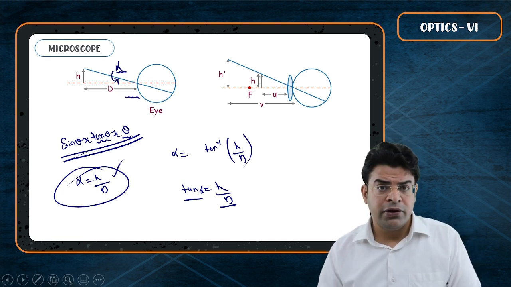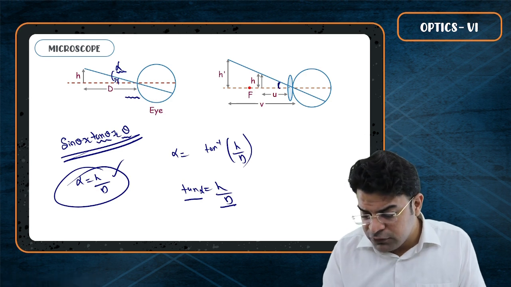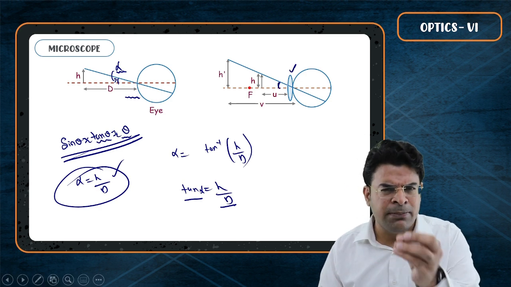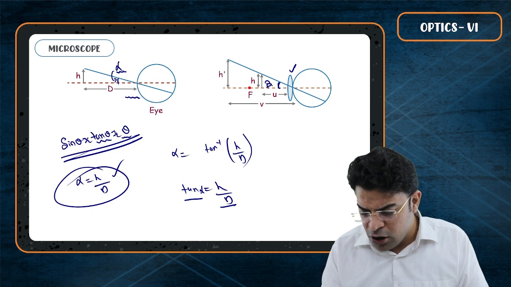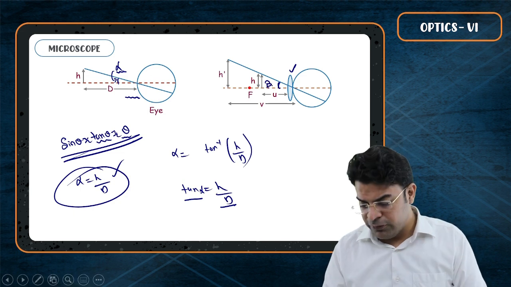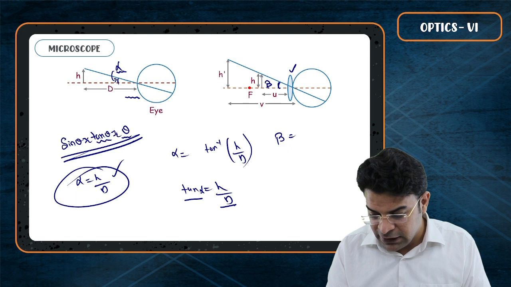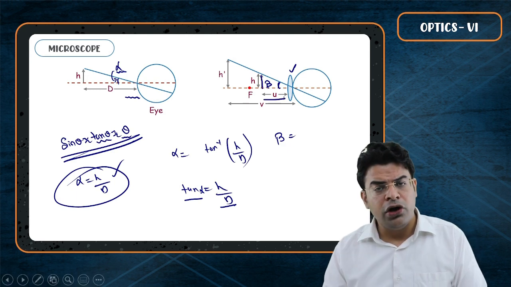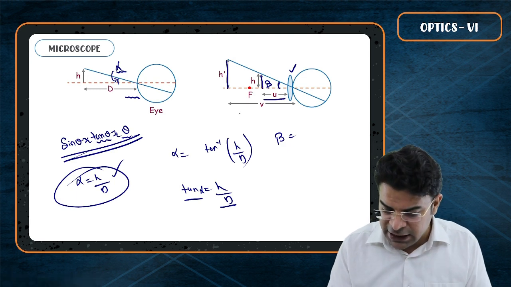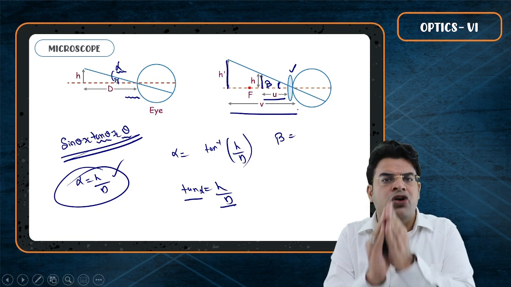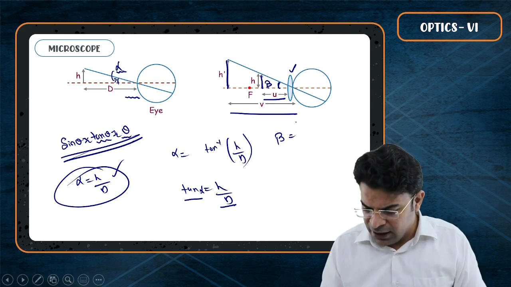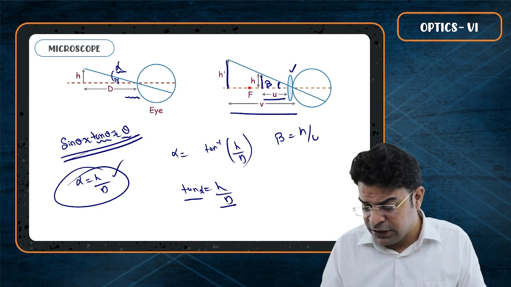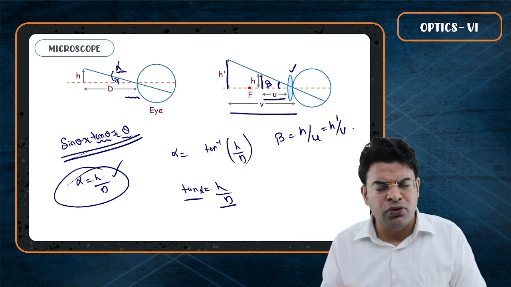So the maximum possible angle that can be subtended by the object on the unaided eye is h by D. And with the help of the optical instrument, which is nothing but a simple microscope, the same object can subtend an angle beta. Now you can write beta as either h by u, or as h' by v, assuming beta to also be a small angle. Both are the same thing.